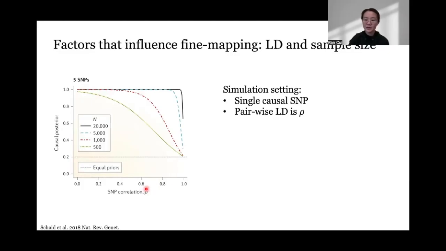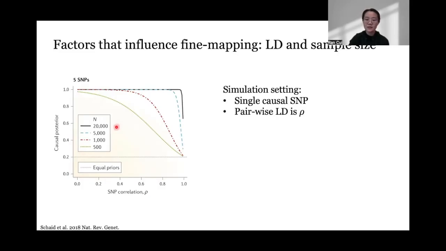And he also added the sample size factor. So he simulated different levels of sample sizes ranging from 500 individuals to 20,000 individuals. Then he ran fine mapping in all of these simulations. And then he looked at the PIP of the causal SNP. Because he did the simulation, he knew which exact SNP is the causal SNP, so he can look at that.